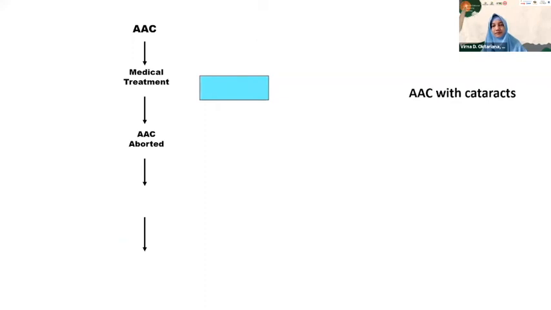The second scenario is patients with acute angle closure and cataracts. If again the medical treatment aborts the acute attack, then we can proceed with phacoemulsification. I will mention later the problems with phacoemulsification in my next slide. And if we cannot control the intraocular pressure medically, we can proceed to iridoplasty or paracentesis, and this usually can break the attacks.